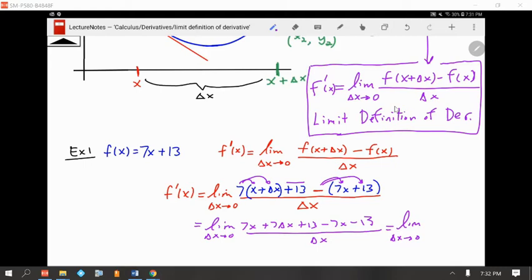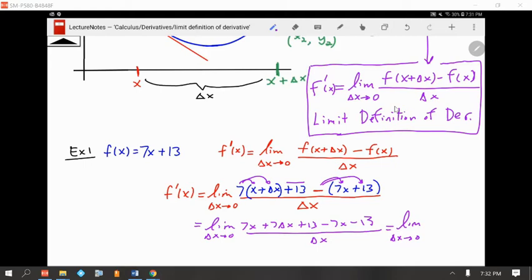What happens in the numerator now? The numerator does something very special, and this will happen every time. If you have a term in the numerator that doesn't have a delta x, since this problem is all about delta x, the delta x terms hang around, but every term without a delta x should cancel out every time.